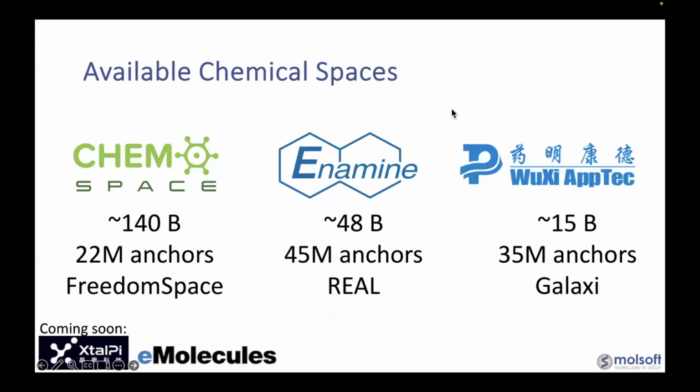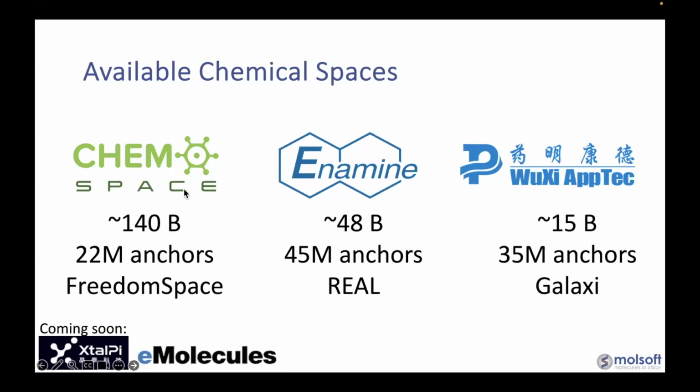Okay, so the available spaces that we have are pre-prepared. These are prepared by Molsoft. We have ChemSpace, and we're very grateful to be able to work with these great companies such as ChemSpace, Enamine, and Wuxi, who have kindly provided the data, the spaces. ChemSpace has 140 billion chemicals in it and 22 million anchors.